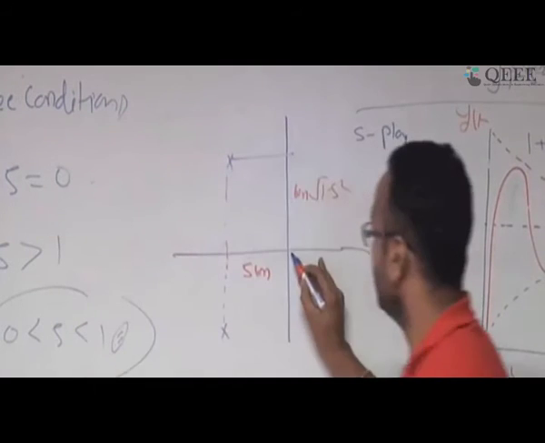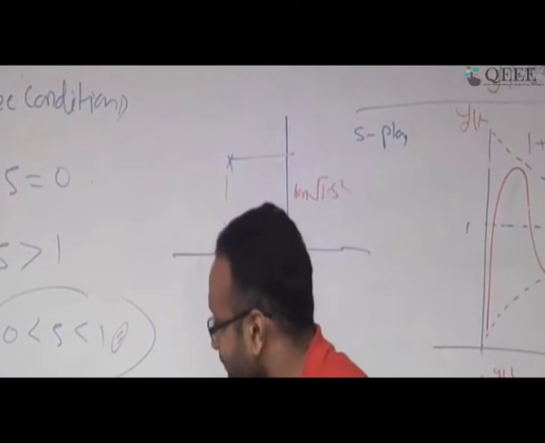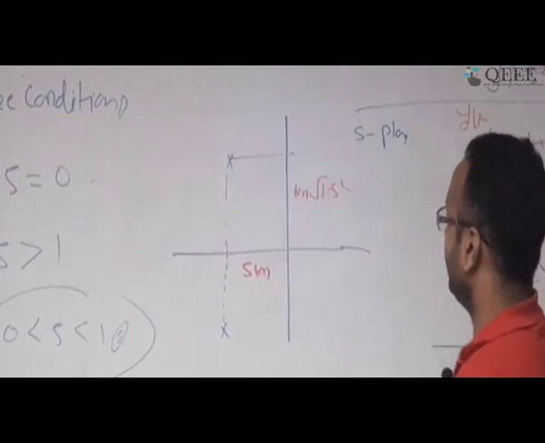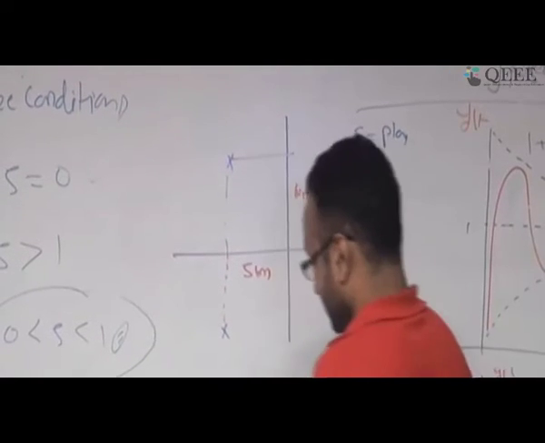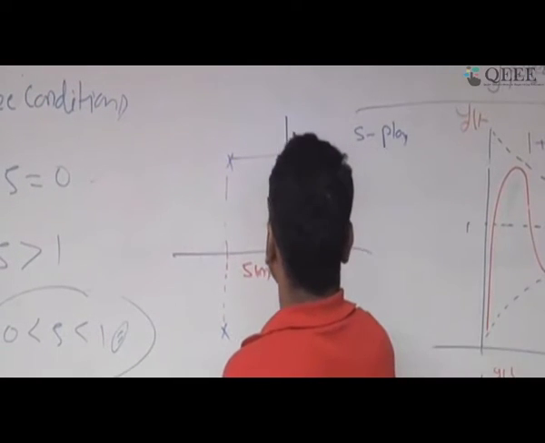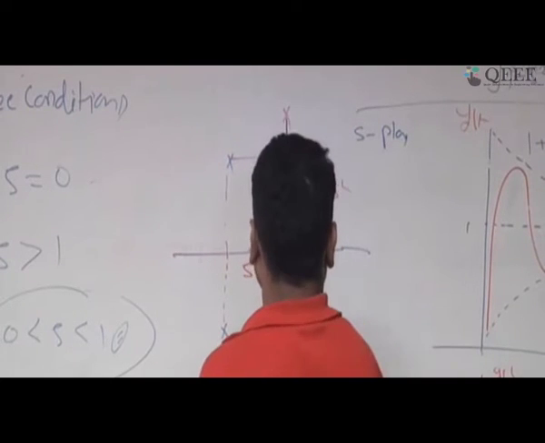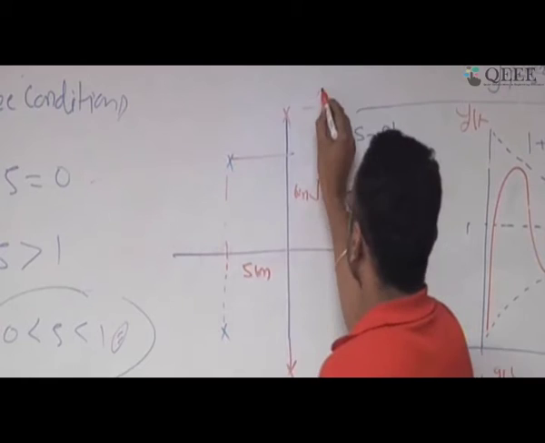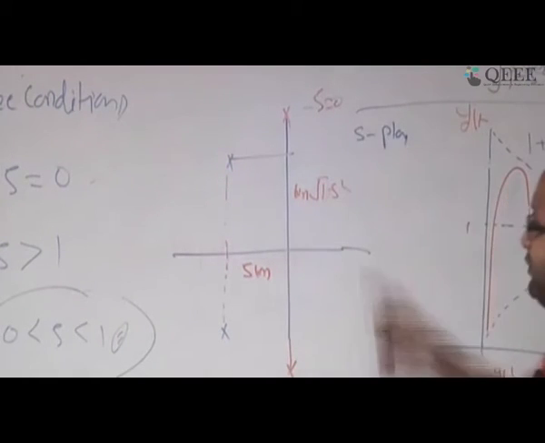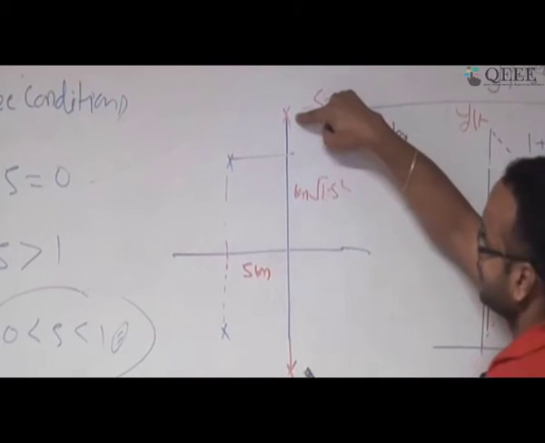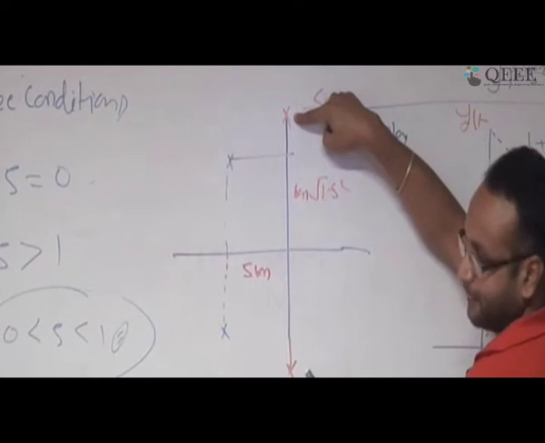When zeta is 0, the real component is going to be 0 and the imaginary component will be here. So in that case, this is zeta equal to 0. When you take zeta equal to 0, the two pole locations are going to be here. Okay.